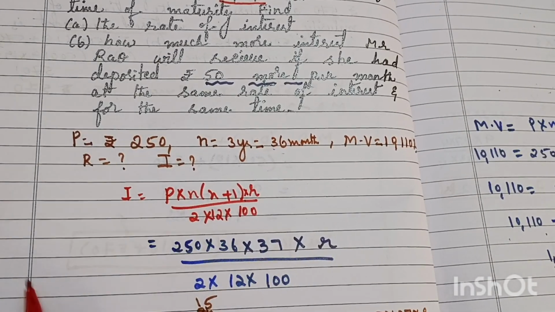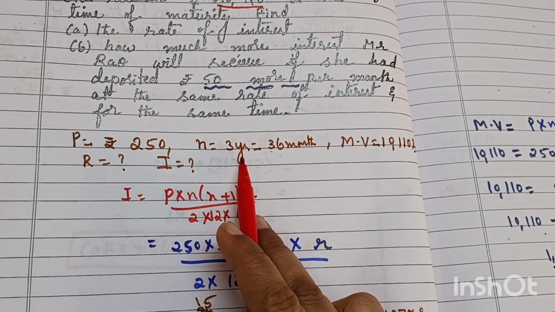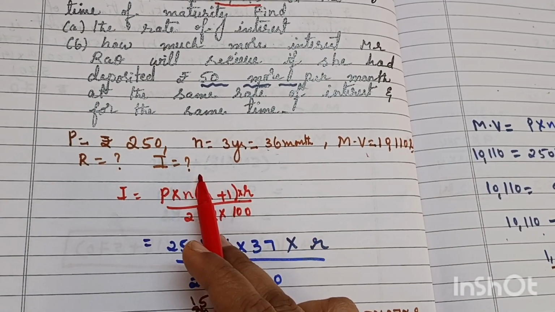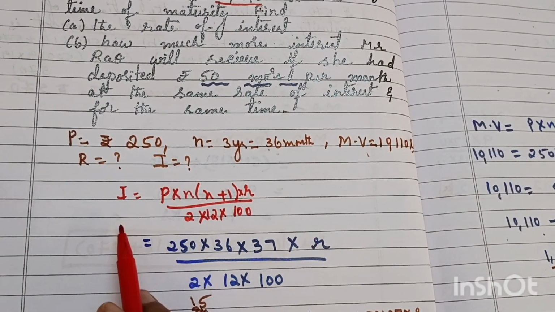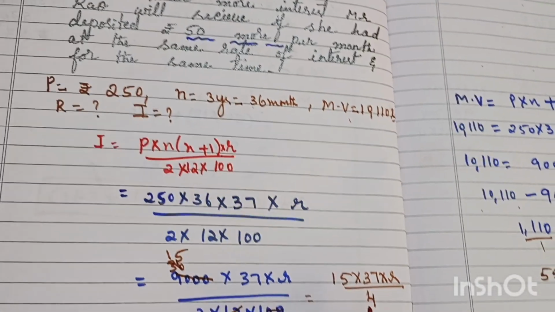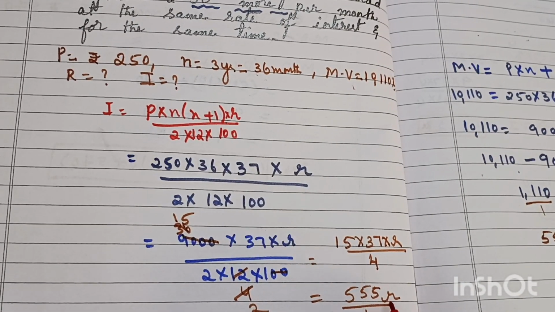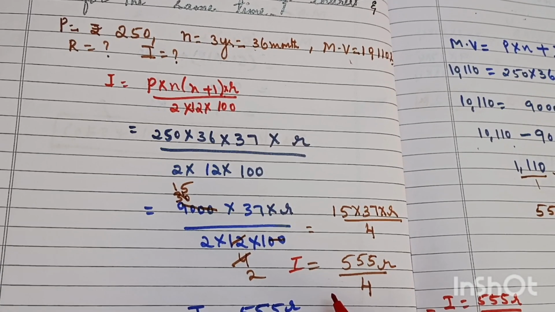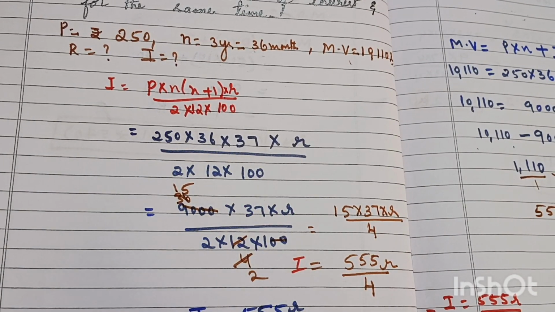So how do we find it? First principal, number of months 36, maturity value 10,110, rate of interest question mark, interest question mark. With the help of the rate of interest formula, we find the interest value. R and I we have to find. So after finding, I is equal to 555 R by 4.